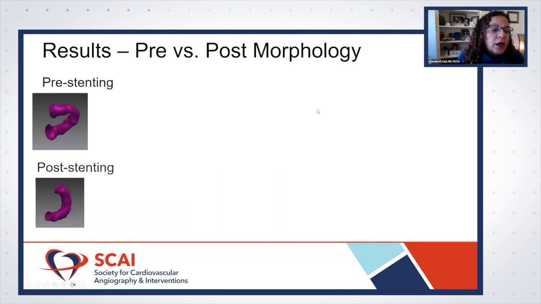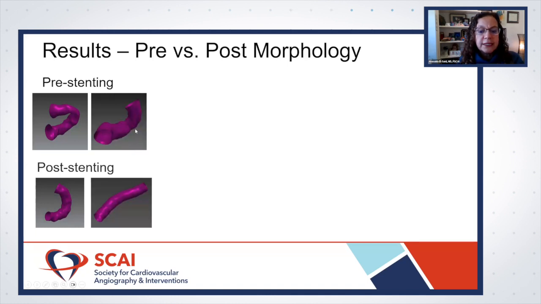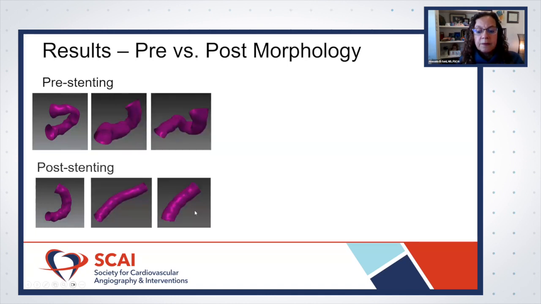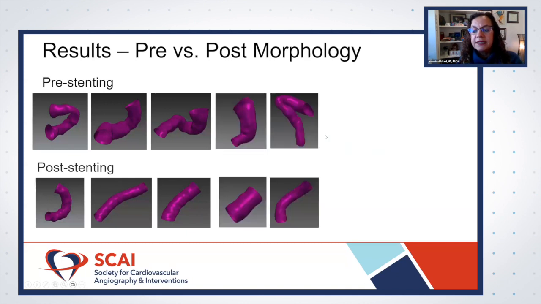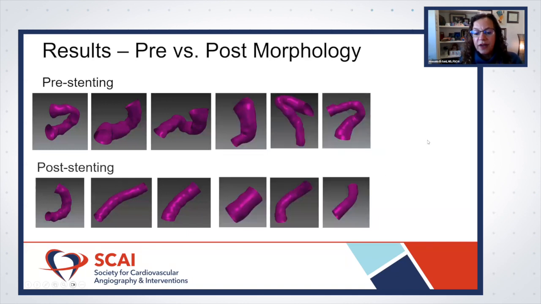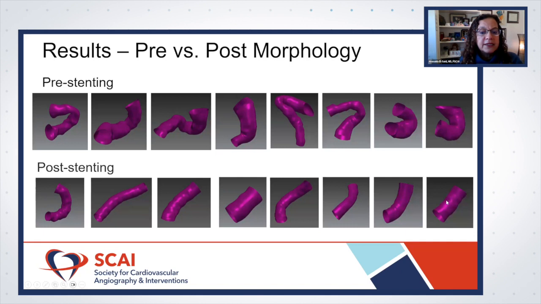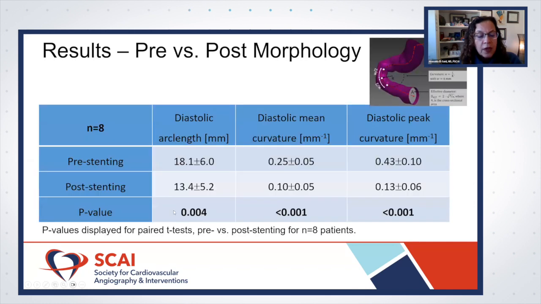These are showing the patients that have had the CTs pre-stenting and post-stenting. You can see this is the PDA pre-stenting. This is what it looks like after stenting. Here is another patient, a second patient, a third patient. The theme is that the PDA looks very different, and visibly you can see that it's straighter and also shorter.